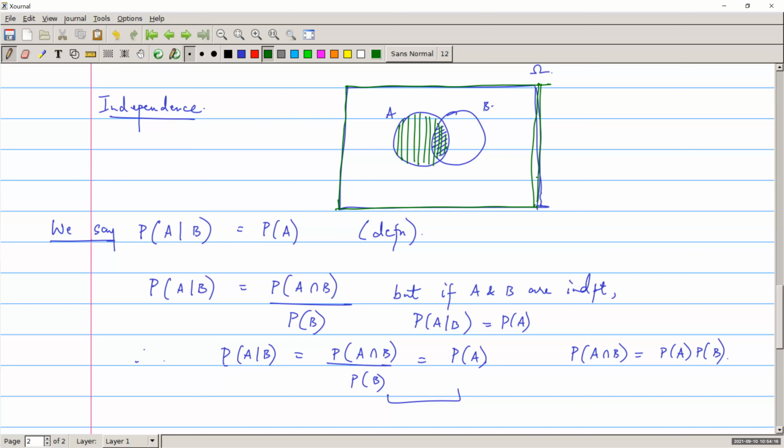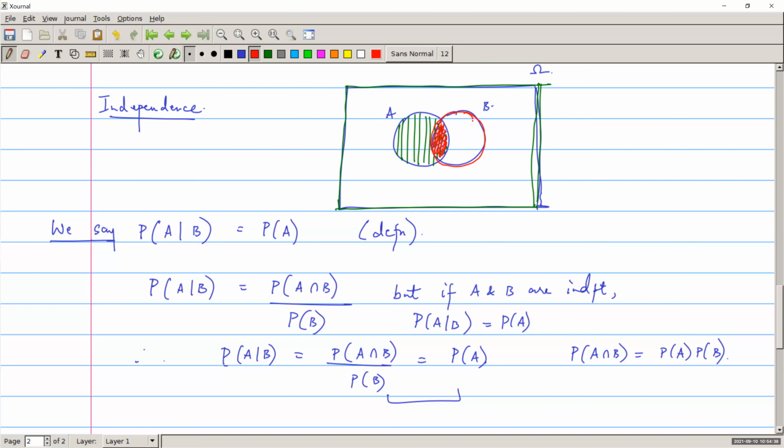So that's the probability of A. Now the conditional probability of A given B is the weight you give to this intersection inside B, and these two ratios have to be the same.